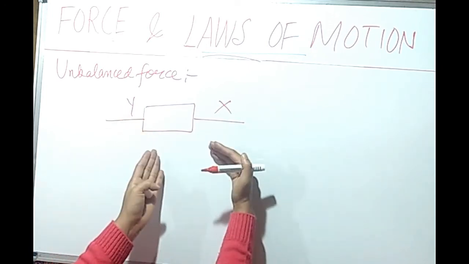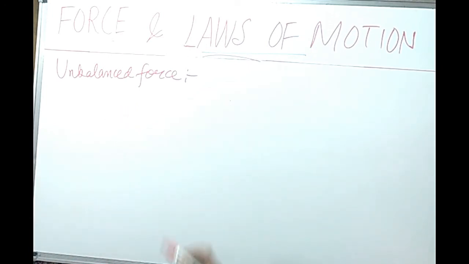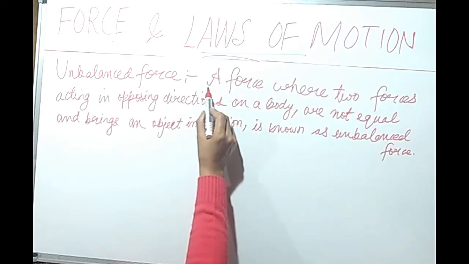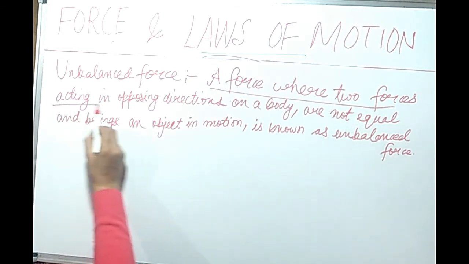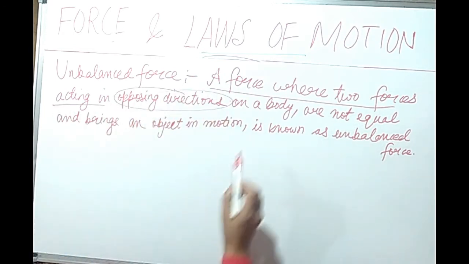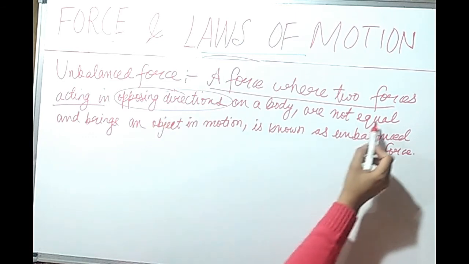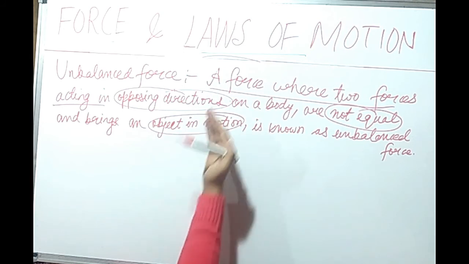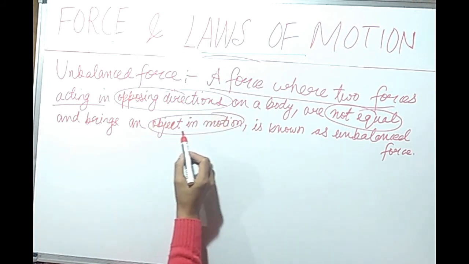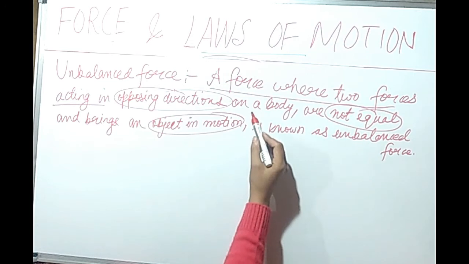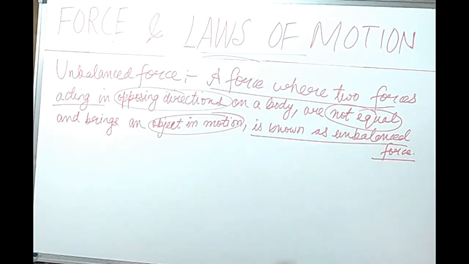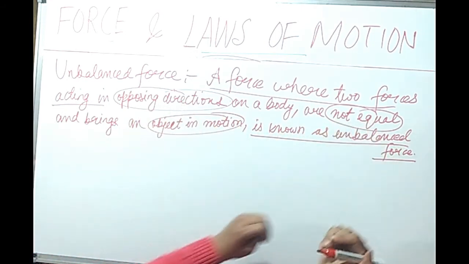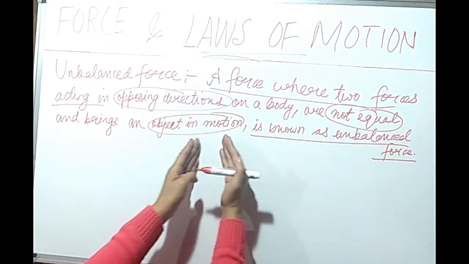The definition of unbalanced force is a force where two forces acting in opposing directions on a body are not equal, and it brings an object in motion. What is the observation? The object has been brought in motion. That force is known as unbalanced force. You have to remember that forces are acting in opposing directions, they are not equal, and the outcome is that the object has been in motion.